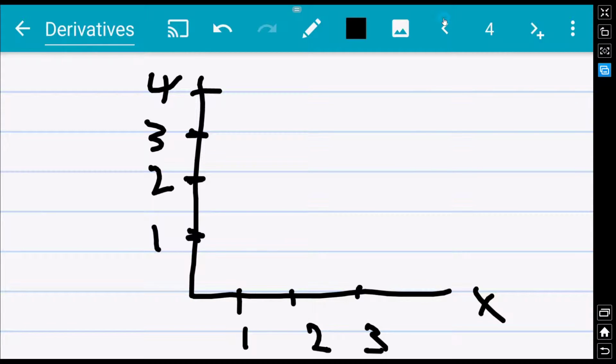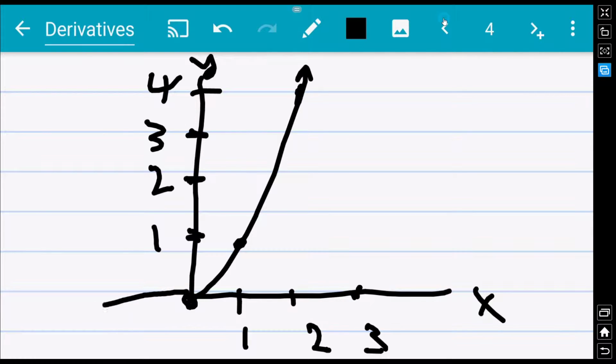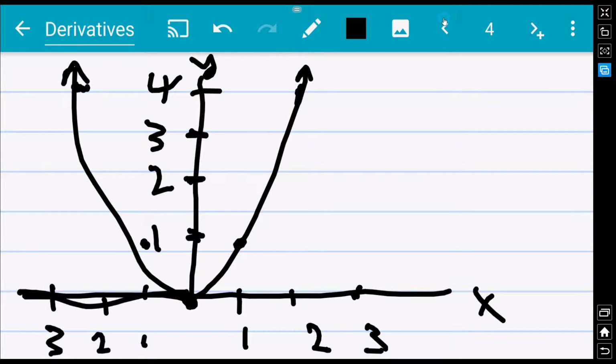It starts here, then goes to 1, and then goes to 4. So it looks like that. On the other side, if I were to draw it, I will have 1, 2, 3. And it will get to 1, and then to 4. So it'll do like that. Now this function has two x values for the same y value.